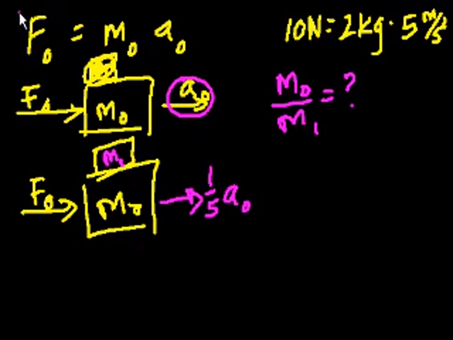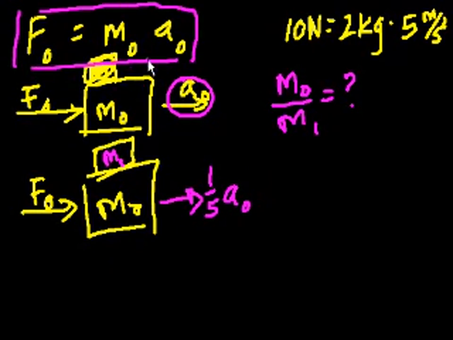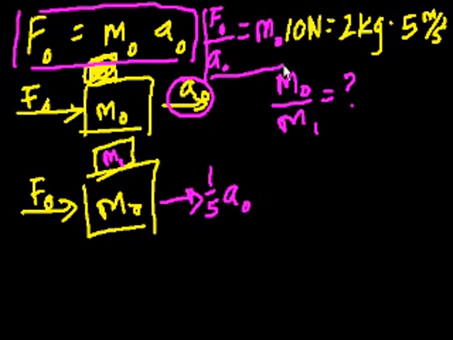So we know we have this relationship to start off with. And just for simplicity, let's write what m sub 0 is in terms of f and a. So we just divide both sides by a sub 0, and you get f sub 0 divided by a sub 0 is equal to m sub 0. Good. So let's just put that aside for a second. And let's do that same relationship here with this.